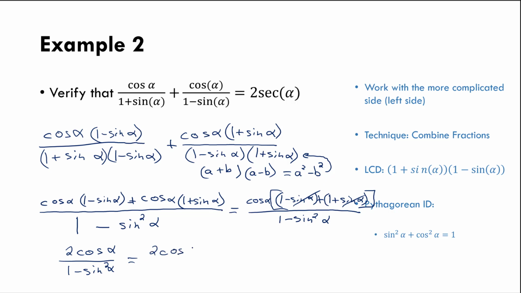So 2 cosine alpha over cosine squared alpha is going to simplify to 2 over cosine alpha, which simplifies to 2 secant alpha, which was exactly what we had on the right-hand side of our equation. So that checks out as an identity.